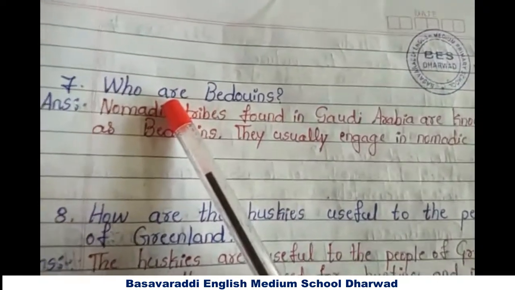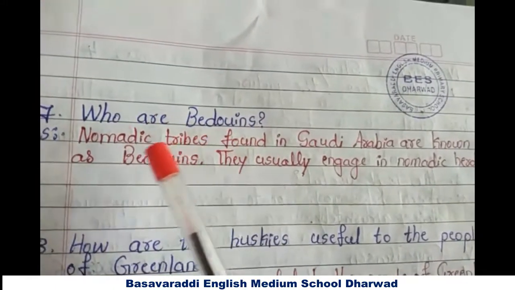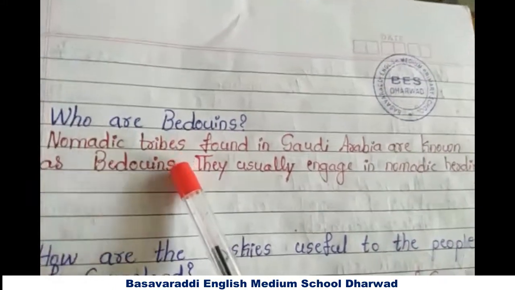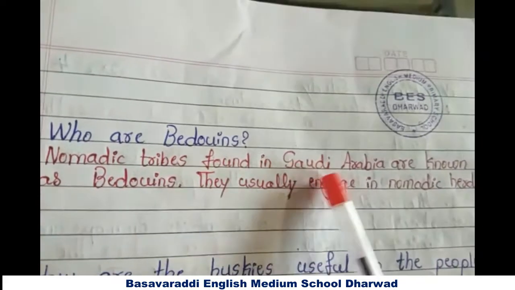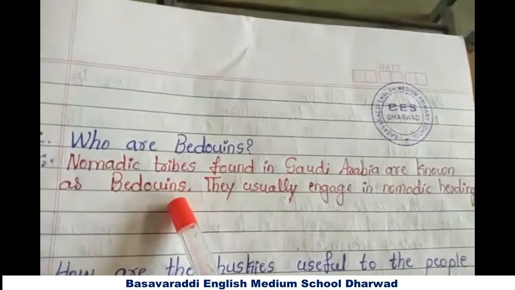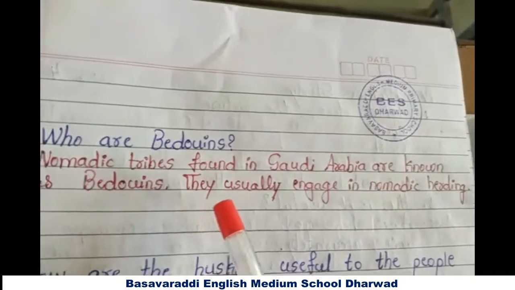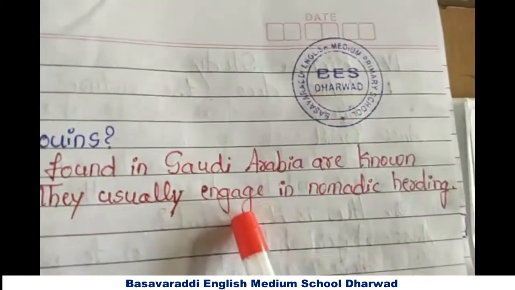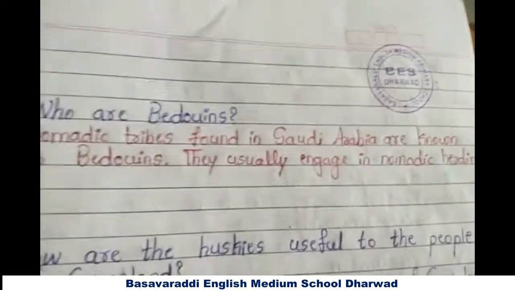Seventh question. Who are Bedouins? Nomadic tribes found in Saudi Arabia are known as Bedouins. They usually engage in nomadic herding.